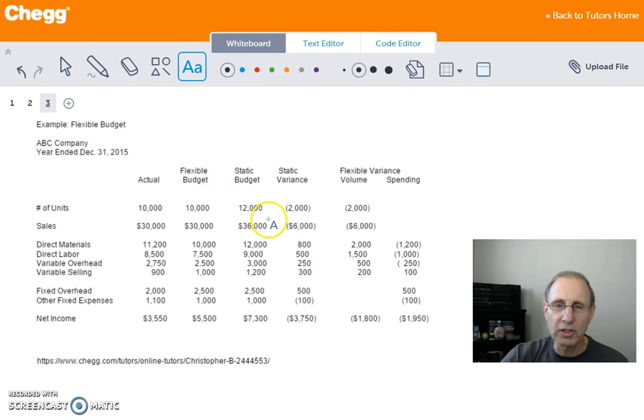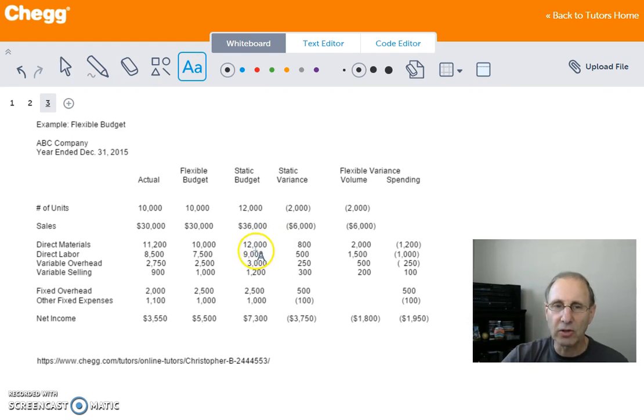And how that's done is simply starting with your static budget and looking at the variable costs per unit, and then computing those same costs given the actual level of activity. So in the static budget, we had $12,000 of material cost. On a per unit basis, since we were going to sell 12,000 units, that equals $1 of direct material per unit.